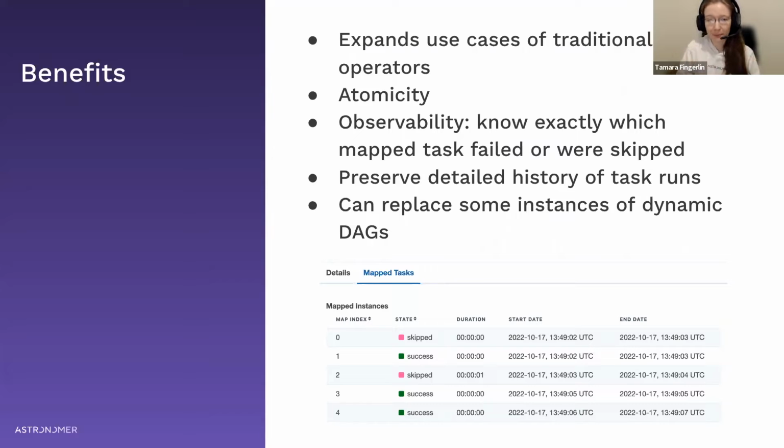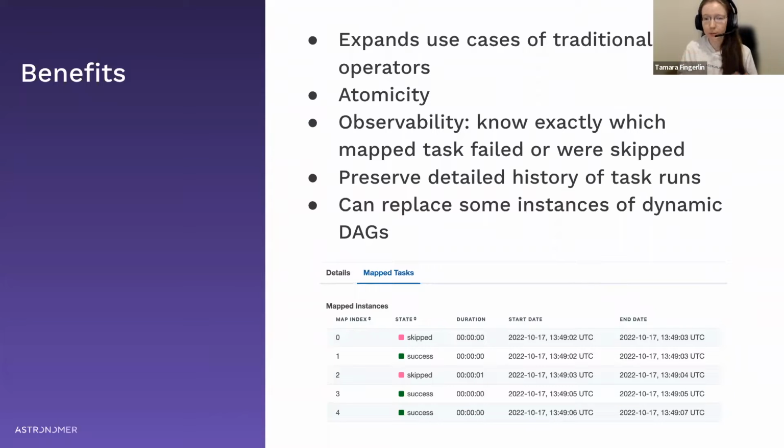So with dynamic map task instances, you can really have the atomicity of having one map task instance per file, per record, or per whatever input you need. And you have the observability. You see that in the screenshot below, we have 5 mapped task instances, and 2 of those mapped task instances were skipped.